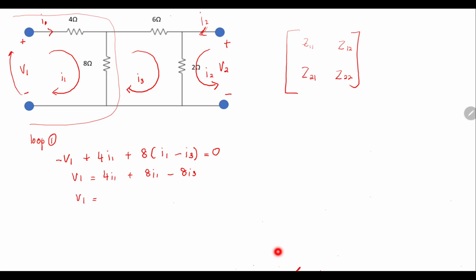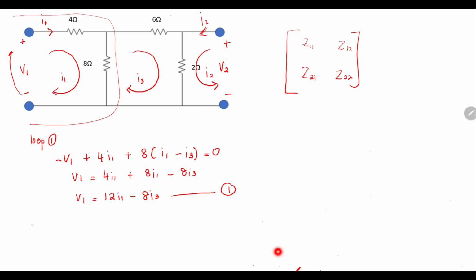V1 equals 8 plus 4 is 12I1 minus 8I3. We consider this as equation 1.